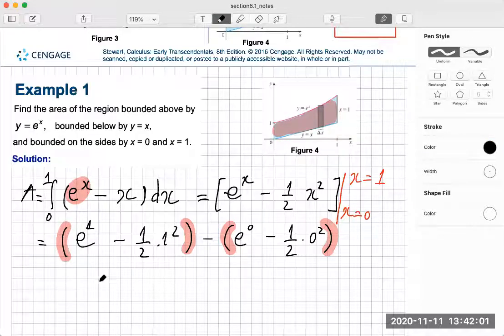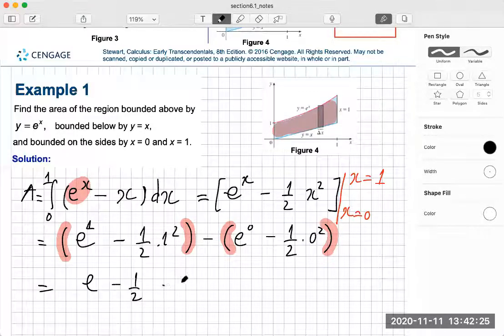Very good. So now e to the 1 is e. And here is 1/2. In front of that is a positive sign, so we can remove the parentheses. But this guy, e to the 0 is 1. And we want to get rid of the parentheses here.